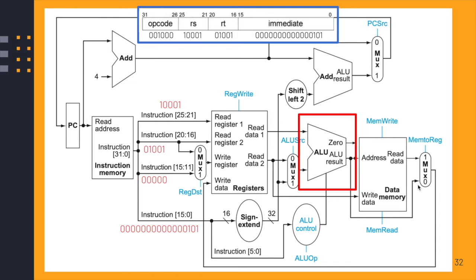As you all guessed correctly, the value coming directly from the ALU result, because we are performing an add immediate instruction, or an addi instruction, and therefore this control signal mem to reg will come from the control unit and will tell this multiplexer to allow the data of the ALU result to pass and not allow the data of the read data to pass.